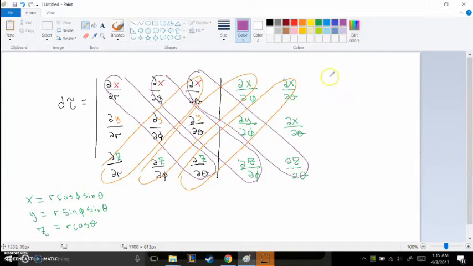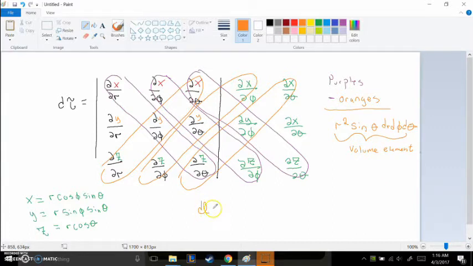And when we do the purples, minus the oranges, the result of this is going to be r squared sine of theta dr d phi d theta. And this is our volume element.